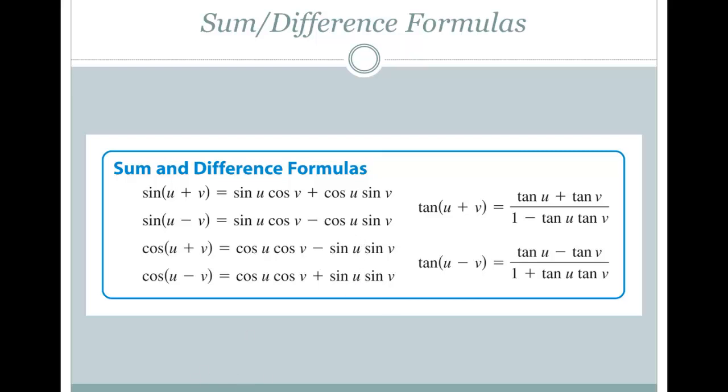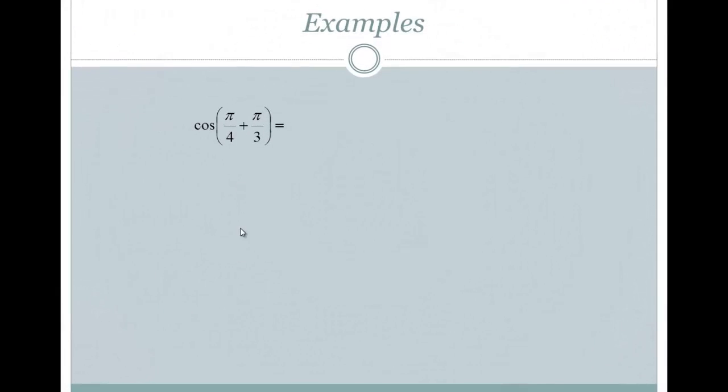So let's get started. If I have something like cosine of pi over 4 plus pi over 3, if I combine those two together, let's see why I'm writing it out like this.